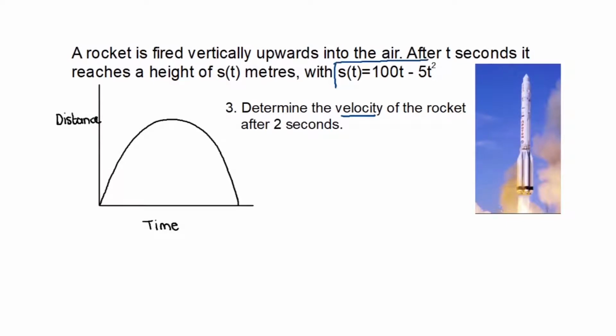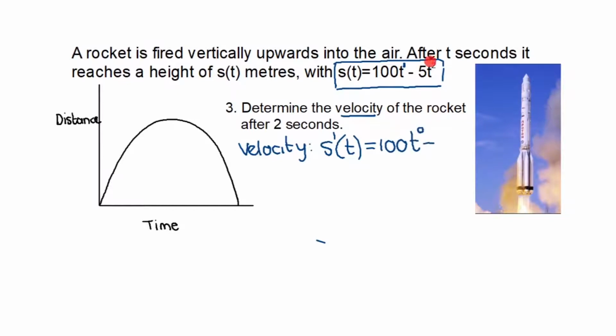Do you remember what we said in the summary? If I have a distance formula, the velocity will be the derivative of that distance formula. In other words, I have to differentiate the distance formula. If I differentiate the first term, the 1 must be multiplied with 100, and t will be to the power 1 less.